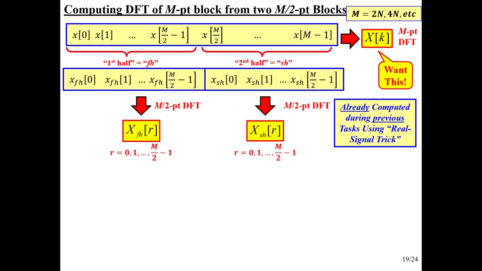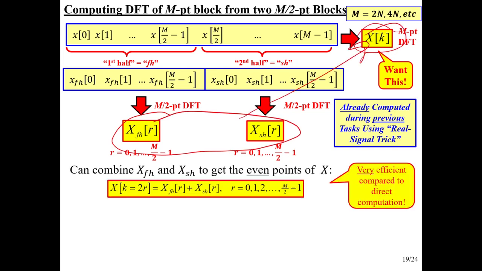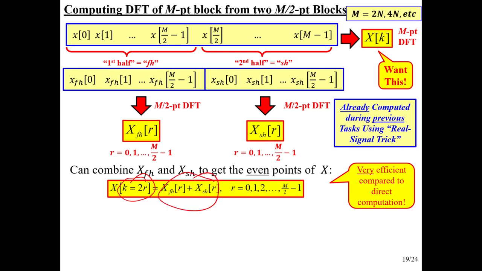So the question is, can I exploit these to enable me to more efficiently get that? That's the question. And so here's part of the answer. For the even points, very easy. You just literally add them together. It's so nice, very efficient. So we can at least get half of the points of this very, very easily.